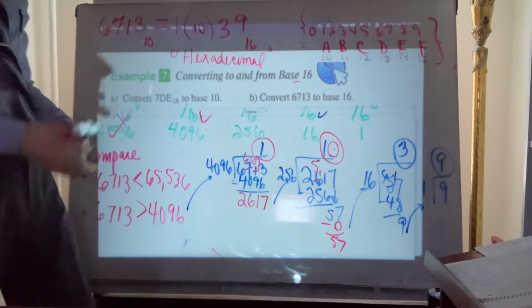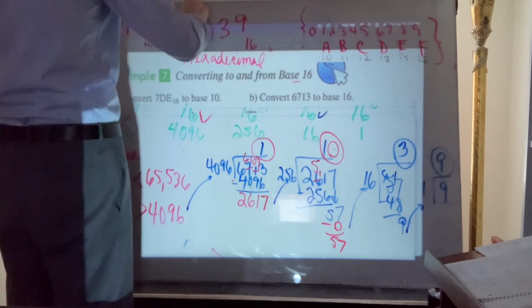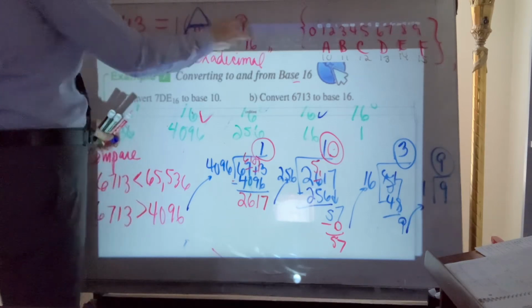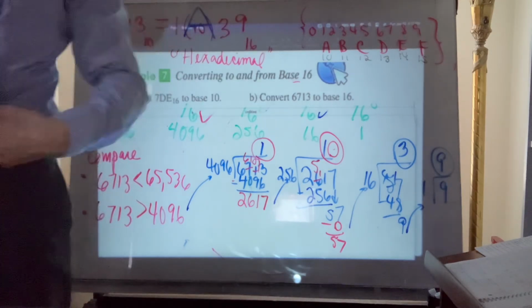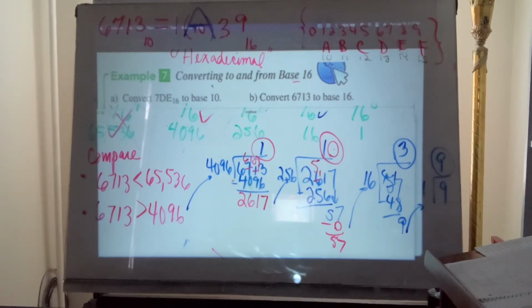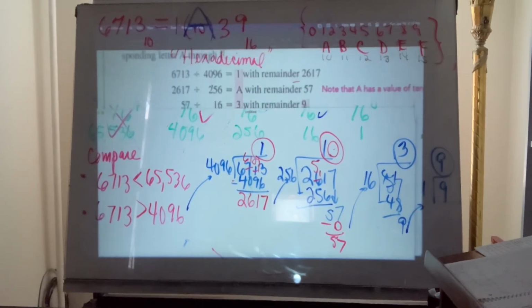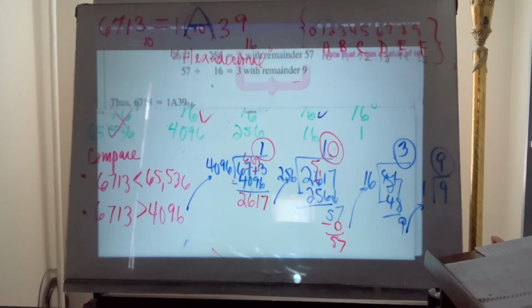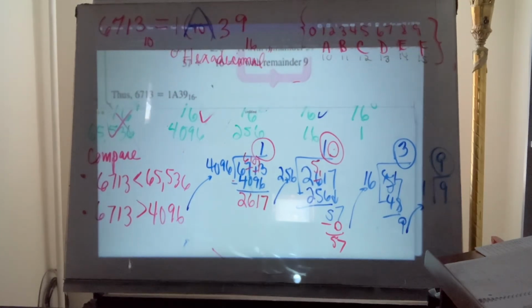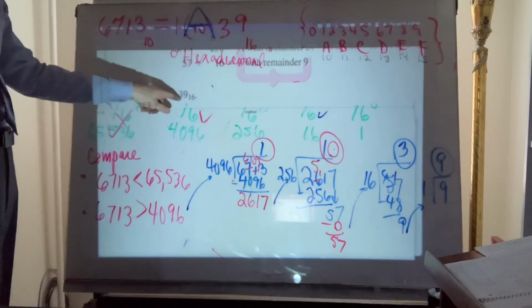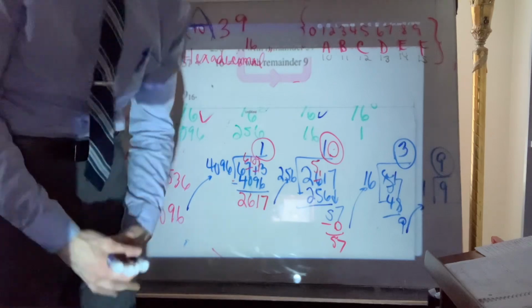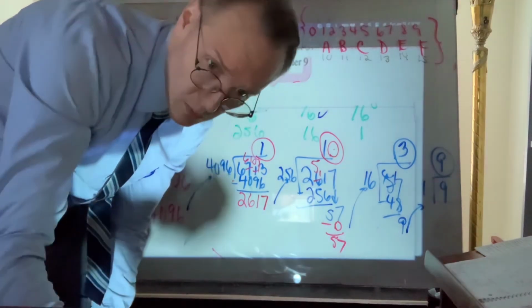It's A. So there should be an A here. So 1A39 subscript 16. Let's check on that. Where did they put it? Yep. 1A39 subscript 16. Let me turn off the projector and I'll just remind you of something.